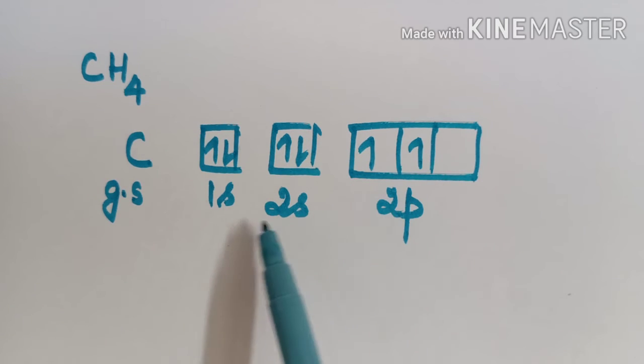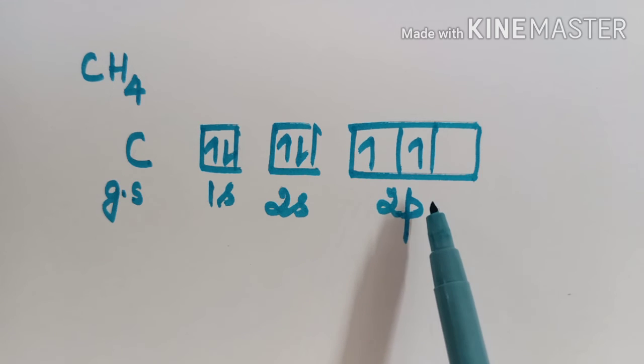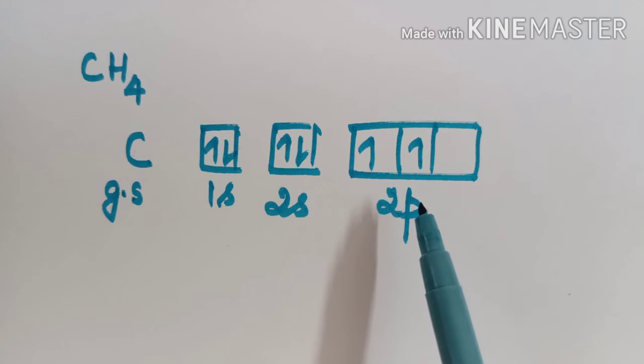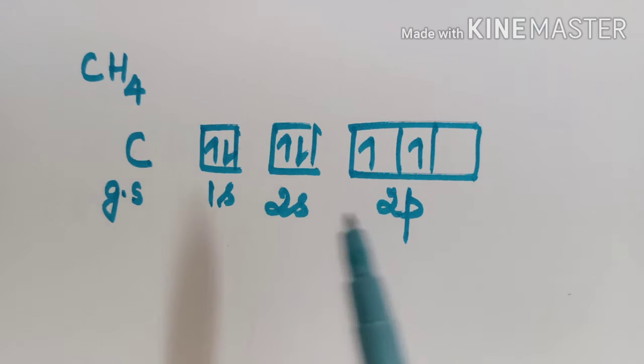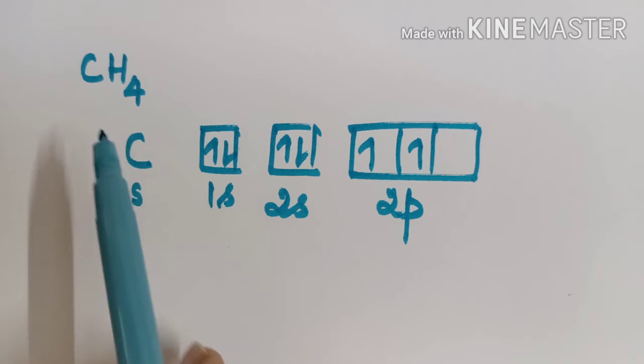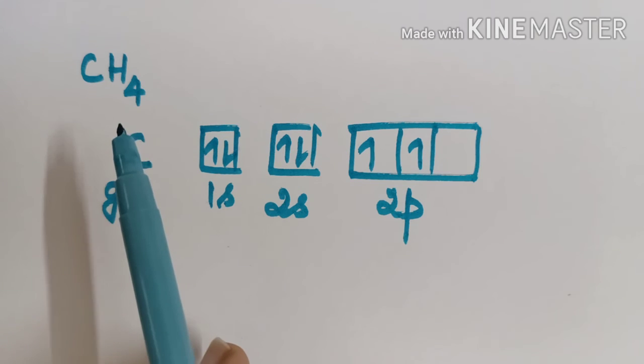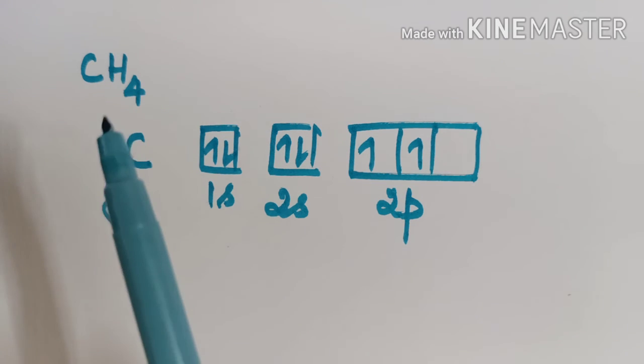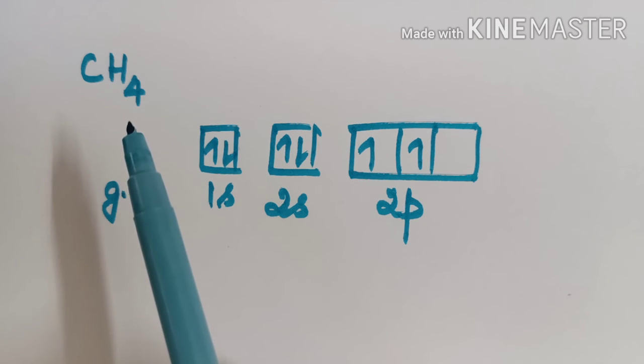So according to this structure, you find 2 unpaired electrons with which it can form only 2 covalent bonds. But in CH4, you find that there are 4 covalent bonds. That means 4 sharing is there.